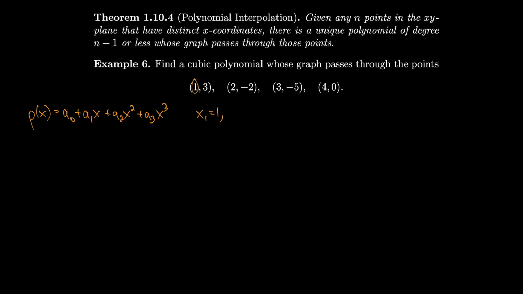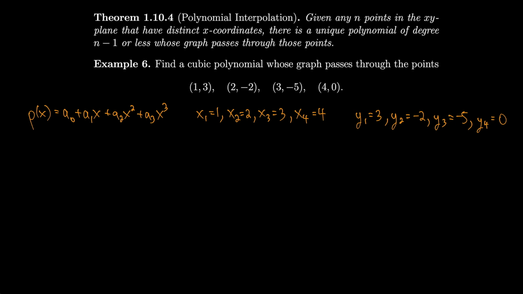That's my first corner over there. x2 is equal to 2. x3 equals 3. And x4 equals 4 are my 4 x values. My 4 y values are y1 equals 3, y2 equals -2, y3 equals -5, and y4 is equal to 0.